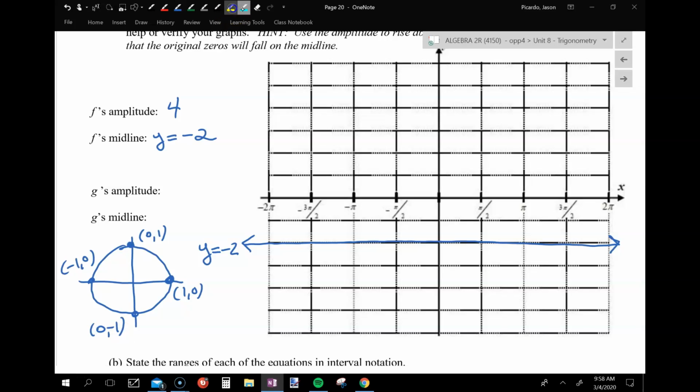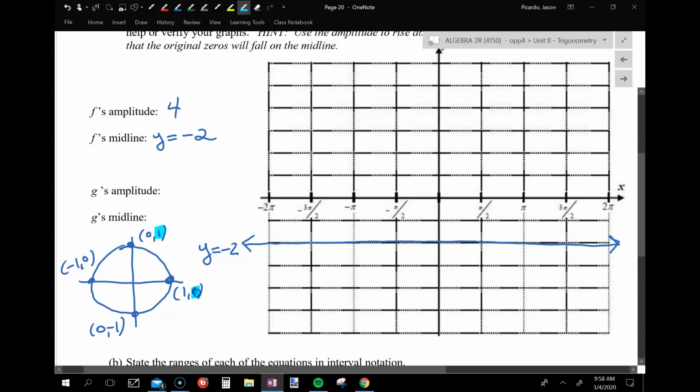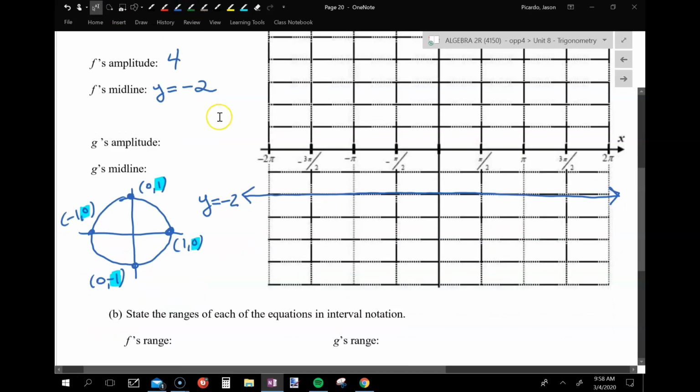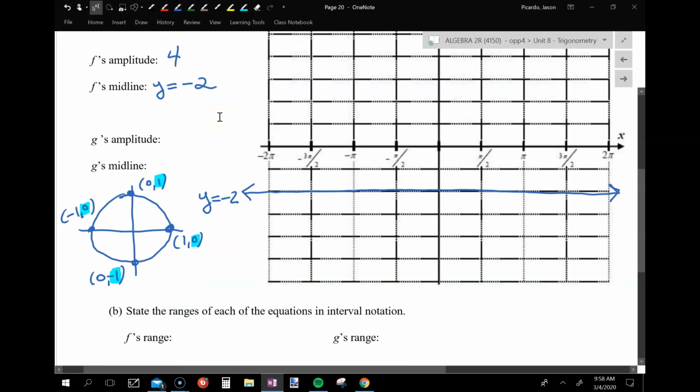We're dealing with sines, so I know I'm dealing with the y values now. All right, so I'm looking at my y values. Ready? This is where it's going to get cool. At 0, what should my y value be? 0, correct?